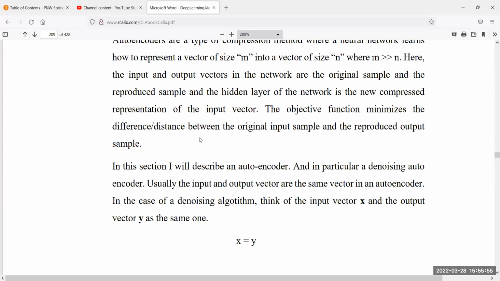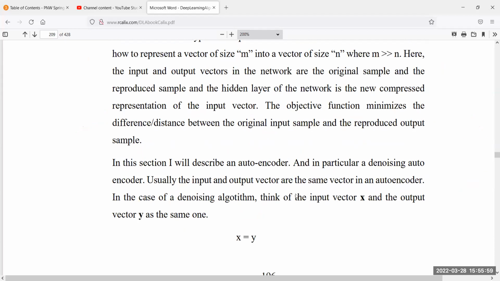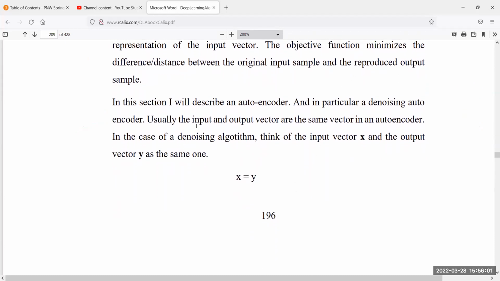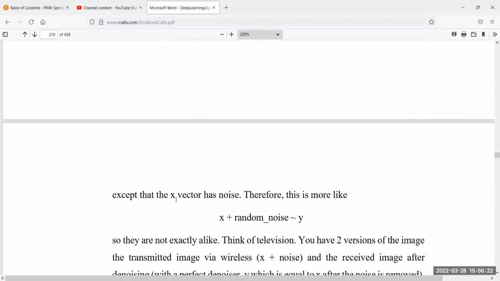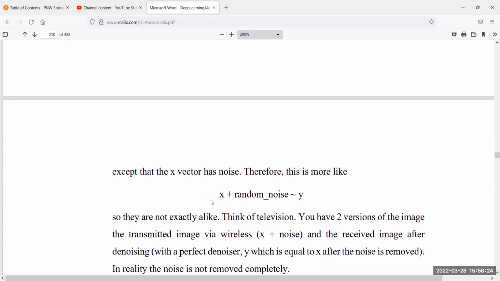So the objective function minimizes the distance between the original input sample and the reproduced sample. Usually the input and the output vector are the same vector in the autoencoder. However, with denoising for images, for instance, you can think of the input vector X and the output vector Y as the same one, except that the vector X has noise.